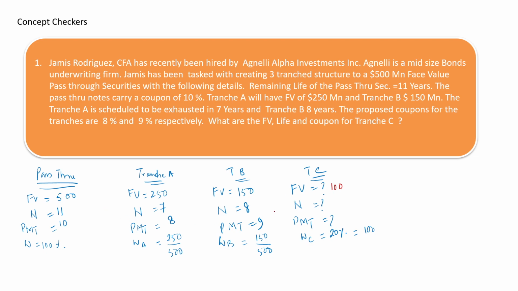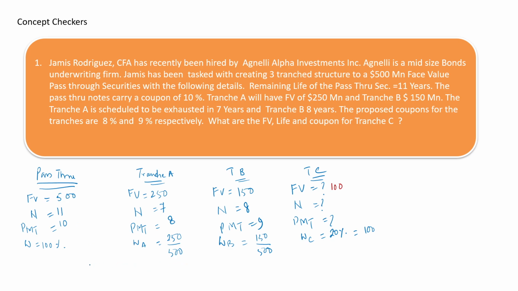Now, we have to find out the life of tranche C. Again, this should be fairly easy. All that we have to do is calculate the total life of this tranche security, which obviously cannot exceed that of the pass-through securities from where it has been originated.